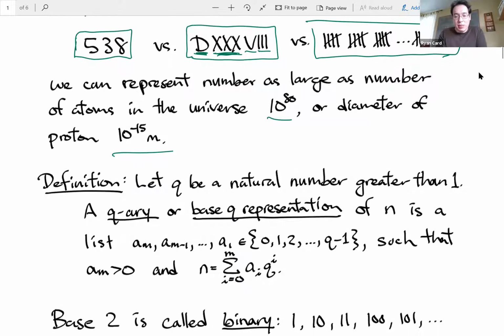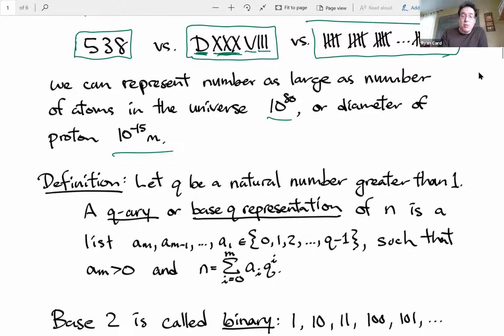let's talk about our system. Let Q be any natural number greater than 1. So I'm thinking of Q as our base. What we do is a base 10 system, but you could have something similar for any different base.